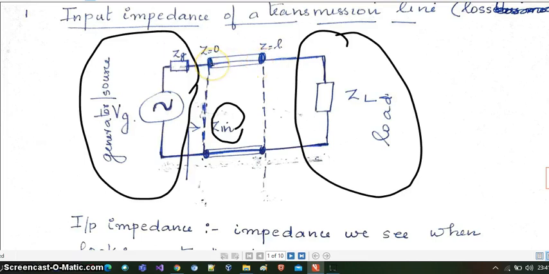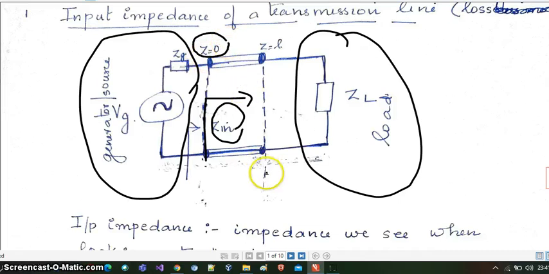This point is assumed as Z equal to 0 and this is Z equal to L. So Zin means the input impedance that you see at different distance. Suppose if you are seeing from this end, then I can say that it is the Zin that you see at Z equal to 0.